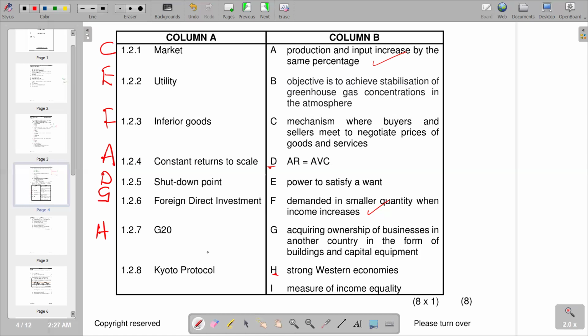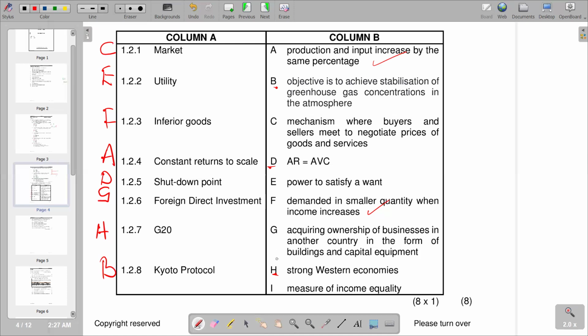So that's the aim of the Kyoto Protocol. Going to the explanations, the one that meets that explanation is B: the objective is to achieve stabilization of greenhouse gas concentrations in the atmosphere, which is global warming. So we have B as the correct answer on the last part.